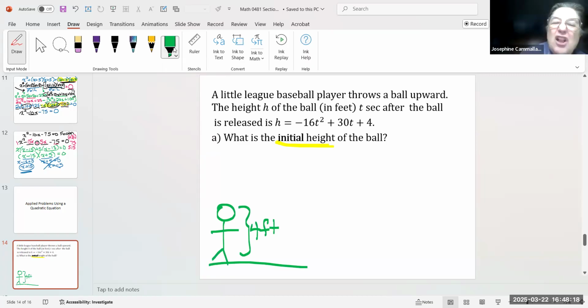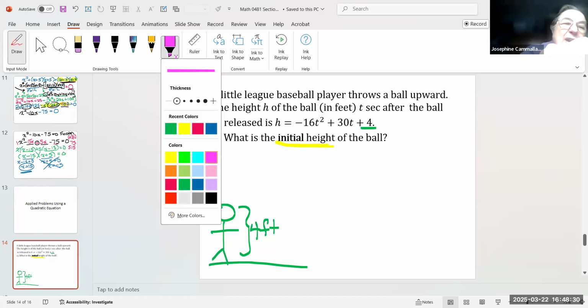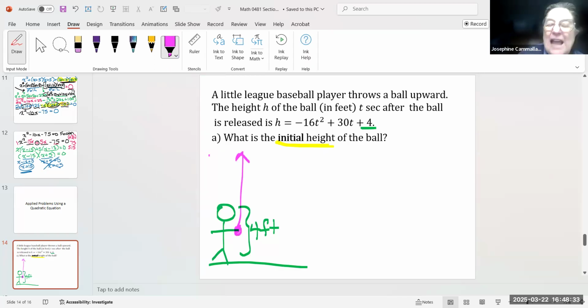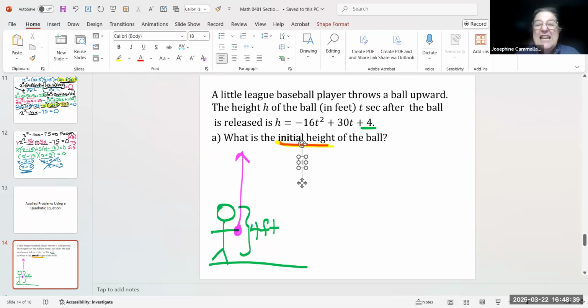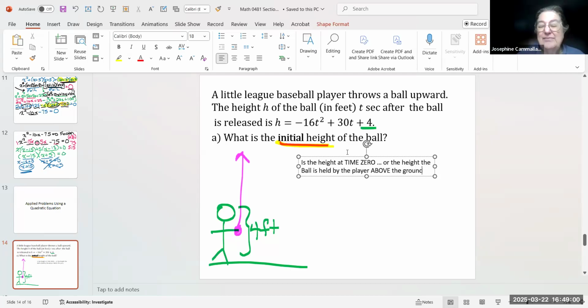He's 4 feet tall. And from his hand, which is right here, well, the initial height of the ball is the height at time 0, or the height the ball is held by the player above the ground.